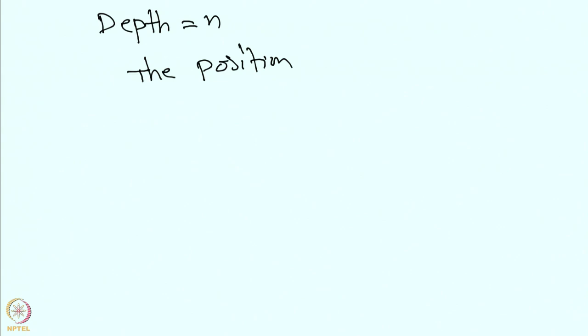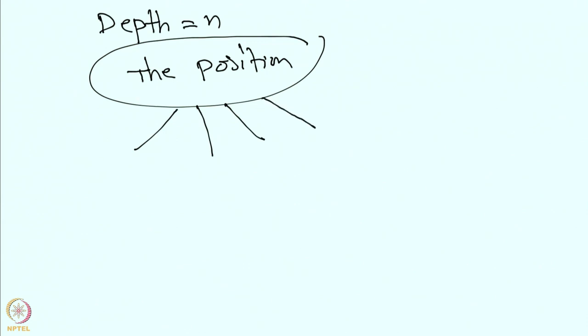It becomes very easy to see the proof. Now the depth is n. So let us assume the position is here. From here, whoever the player is, there are certain choices that he is making.